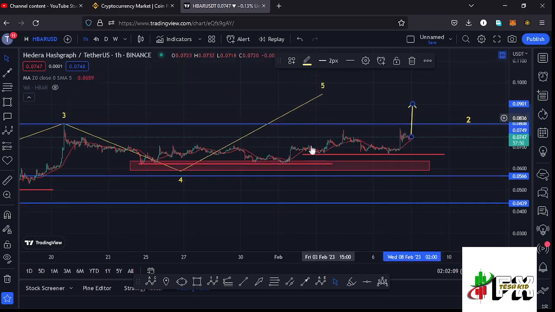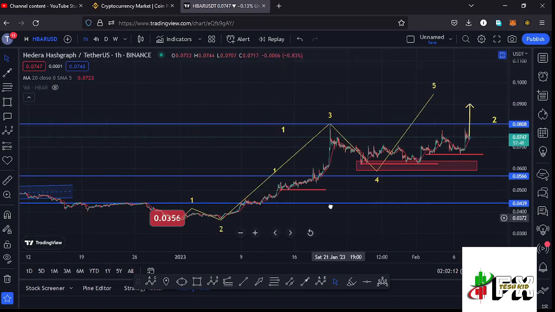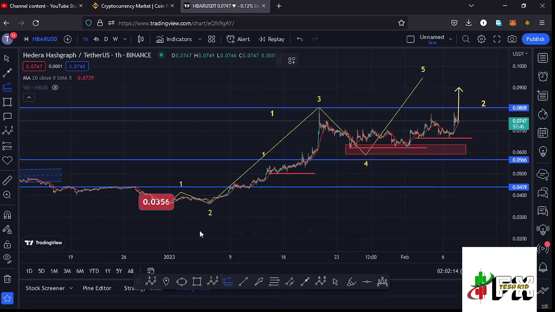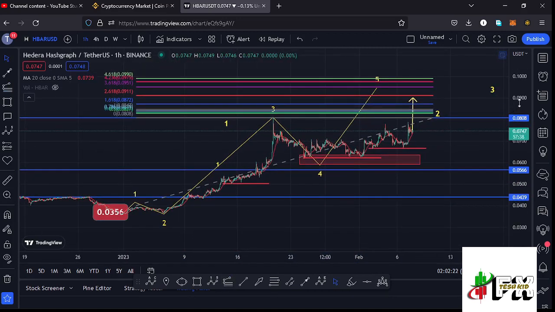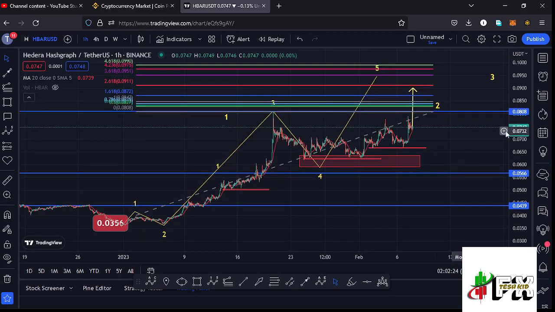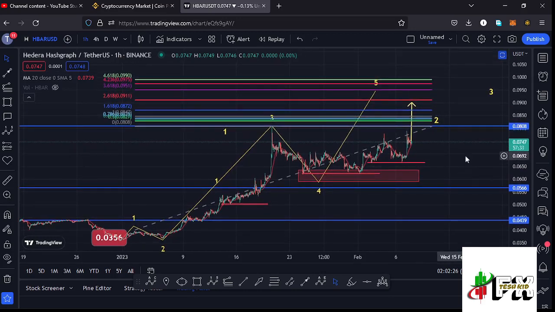and giving you a target area to the upside in the formation of that wave 5 by connecting the trend-based Fibonacci from the low of the first wave to the high of that wave 1, then dragging the fibs to the high for that wave 3. That gives me a minimum target area in the formation of that wave 5 at the fib level 1.618, and that is at around the $0.0872 mark, and that is the minimum that I'm expecting that wave 5 to the upside to do.